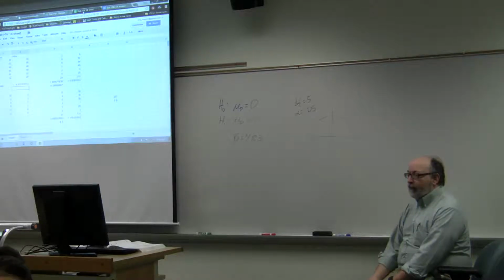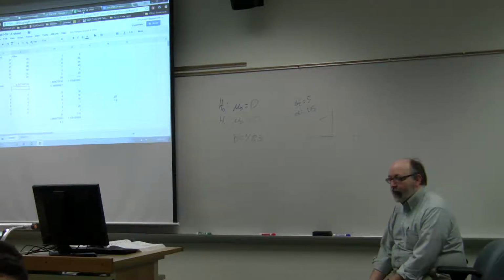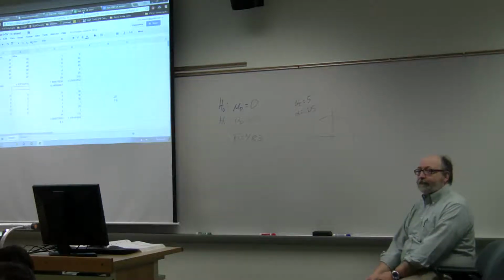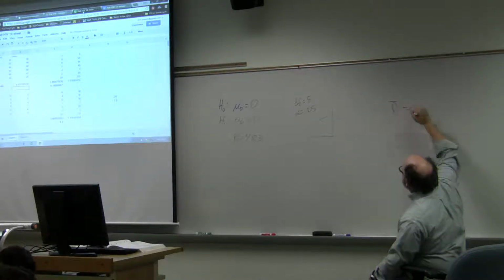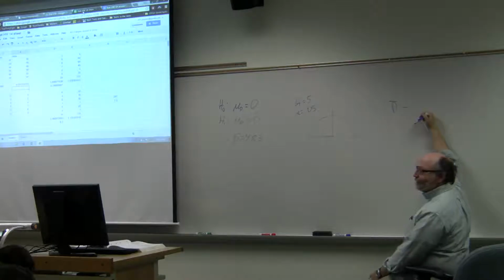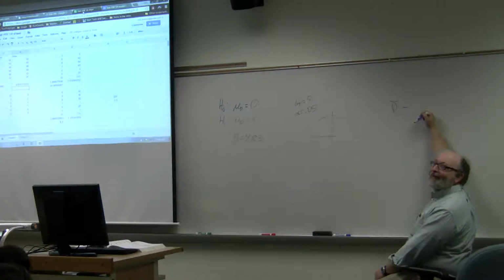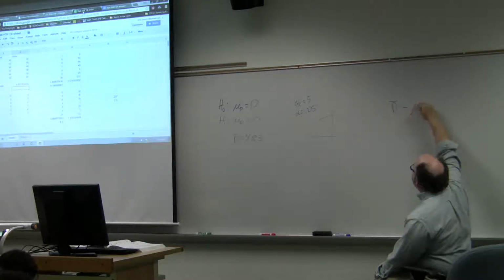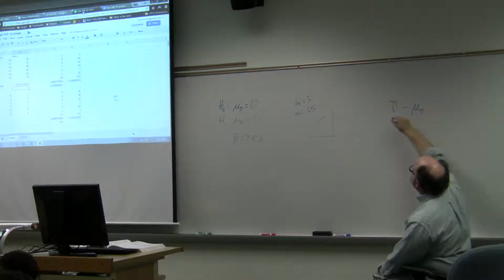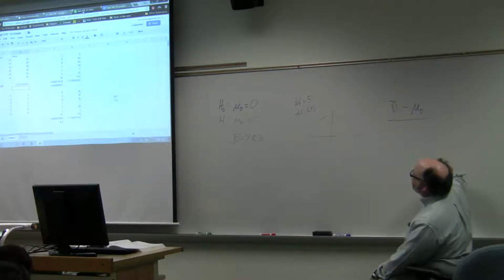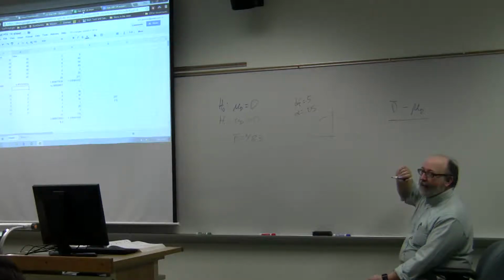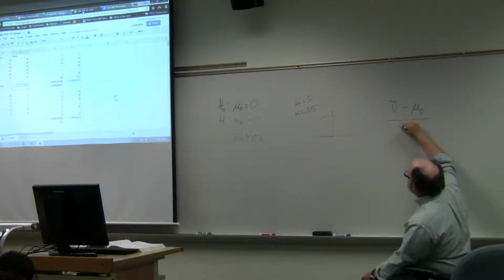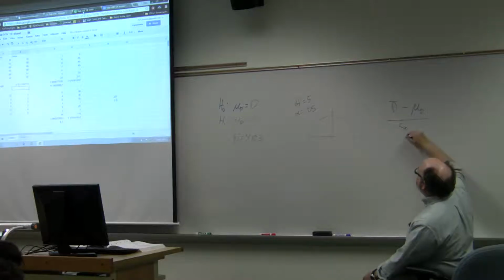Sarah, can you tell me the formula for the test value for this problem? T equals D bar minus mu sub D, divided by S sub D divided by the square root of n.